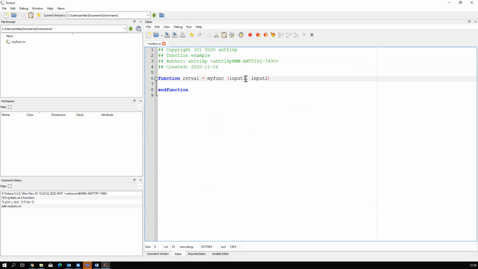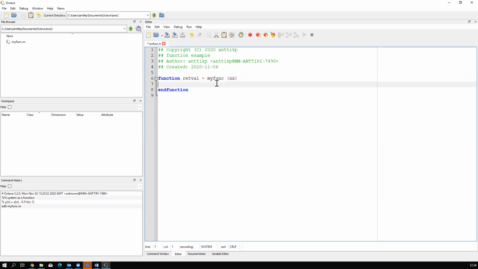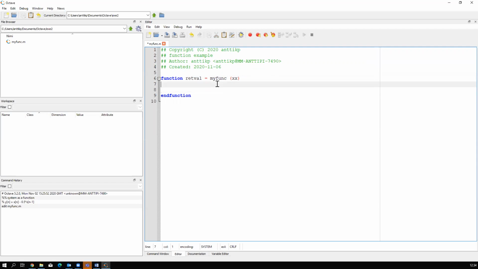This function we call myfunc, it has only one input, which is our input XX. So practically, this is a function of only one input, and inside of that one, we tell what the output is.